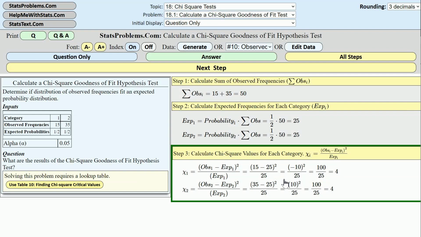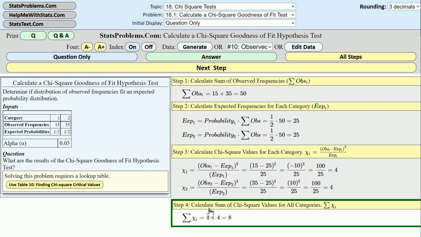For the second category, the chi-square value is the observed frequency minus the expected frequency squared divided by the expected frequency. In this example, the chi-square value for category 2 is 35 minus 25 squared divided by 25, which works out to 10 squared divided by 25, which works out to 100 divided by 25, which works out to 4.